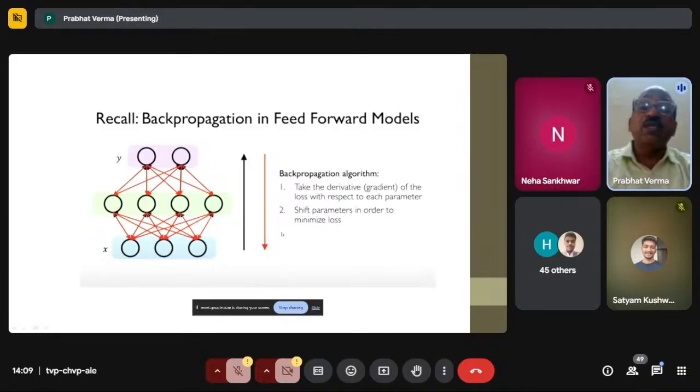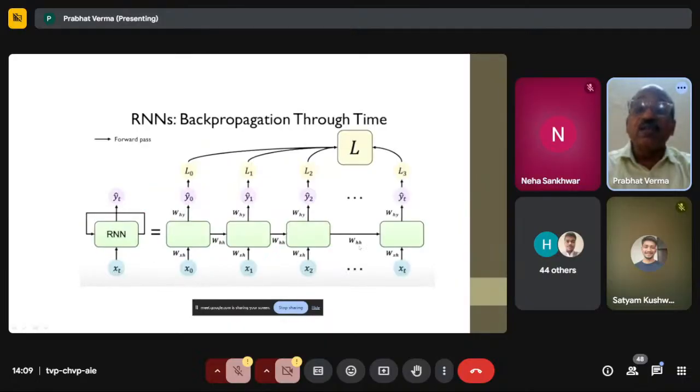This is the backpropagation algorithm that we make use of in the feed forward model. Now, how do we make use of backpropagation, or the error correction, in the case of the RNN? That is known as backpropagation through time, BPTT.